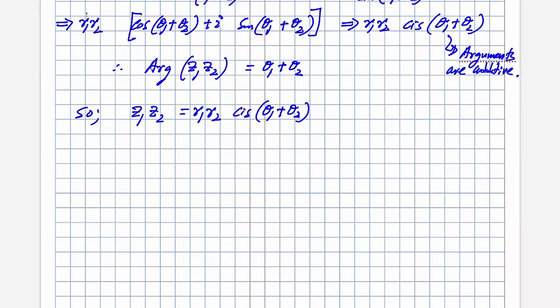Arguments are additive, mods are multiplicative, r1, r2. So z1 divided by z2, then that would be r1 divided by r2 cis theta 1 minus theta 2. So arguments are subtractive when you have the division.